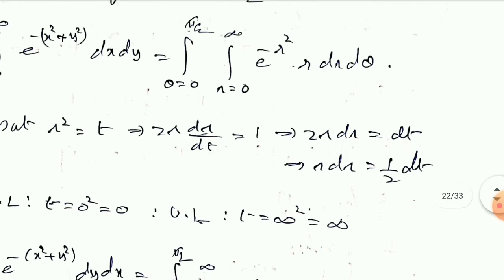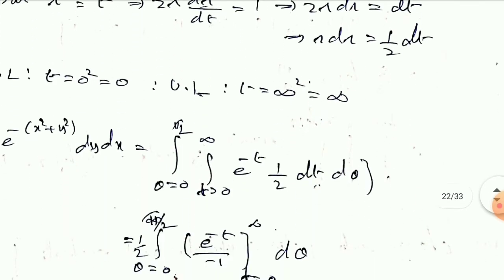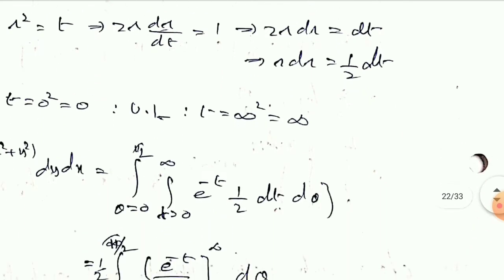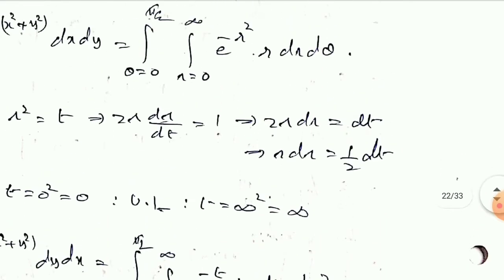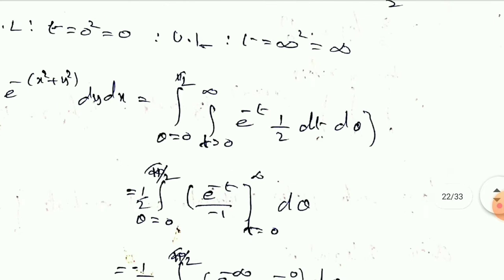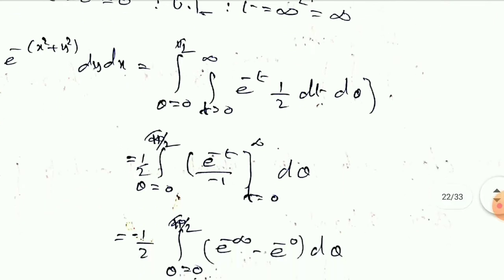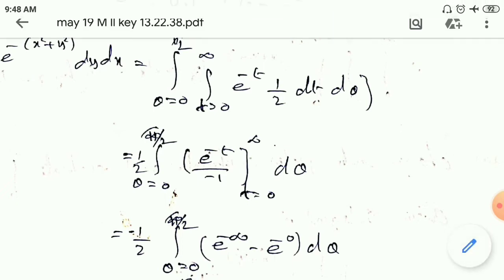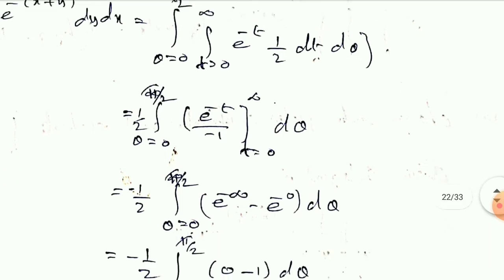And e power minus r square can be taken as minus t, and r dr can be taken as 1 by 2 dt, and d theta is as it is. So 1 by 2 is a constant, and the integral is theta equal to 0 to pi by 2. Now I am doing the integration with respect to t, meaning the integration of e power minus t, which is e power minus t divided by minus 1.